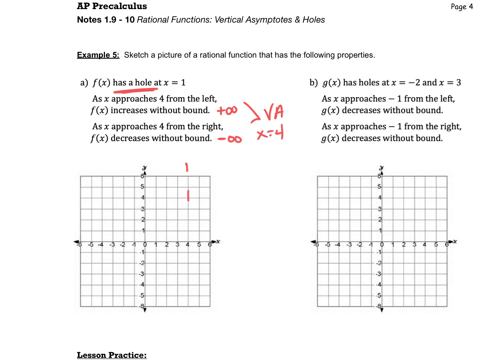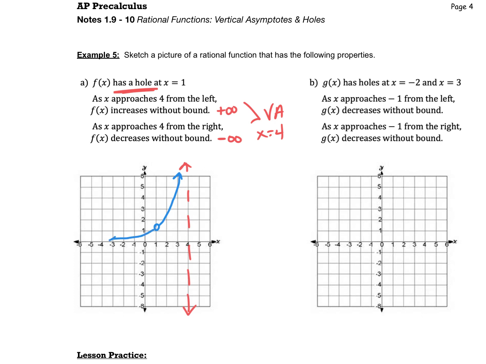We have a vertical asymptote at x equals 4. It also tells me that I have a hole at x equals 1. I don't know what the y value is, but somewhere when x is 1, I've got a hole. So my function on the left-hand side is growing without bound as I get close to the asymptote.